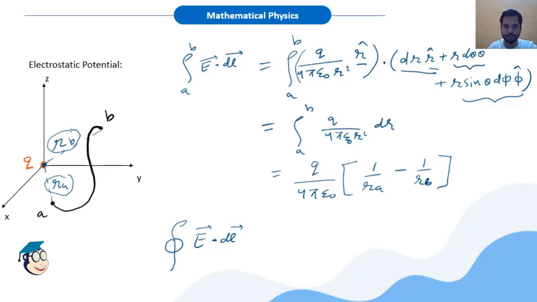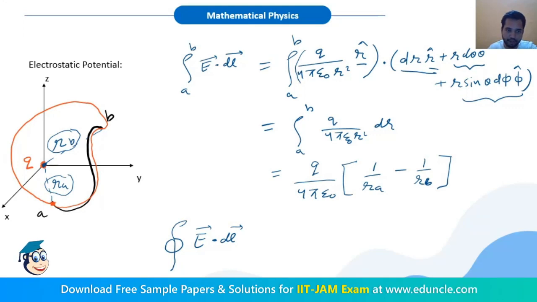Okay, so closed integral means, let me show in the diagram that you have started from A, you have reached B, but you want to close the path, so you somehow from any path have closed the path. That means your initial point was A and your final point is also A. You can take any path, it is path independent.